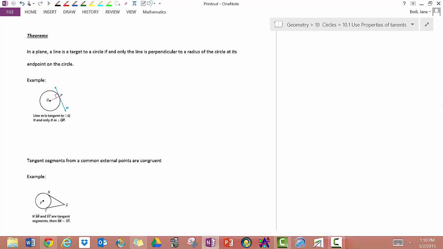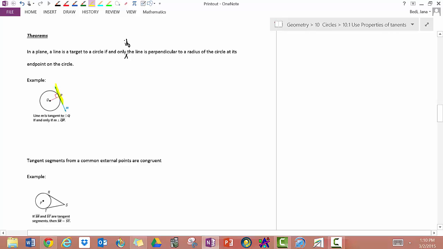Theorem. In a plane, a line is tangent to a circle if and only if the line is perpendicular to a radius of the circle at its endpoint on the circle. So take a look at this diagram here.